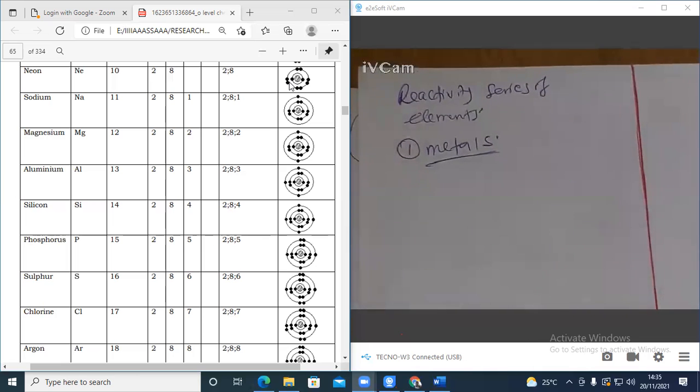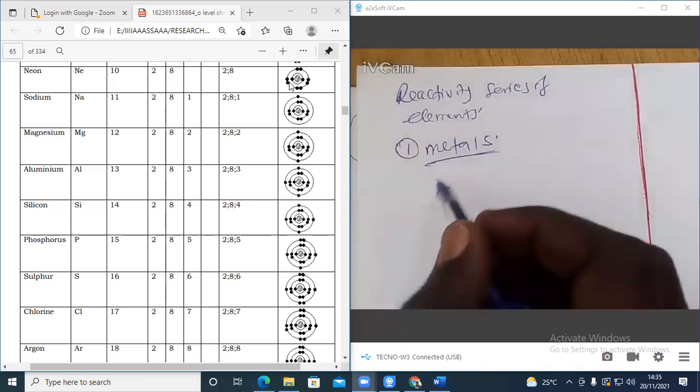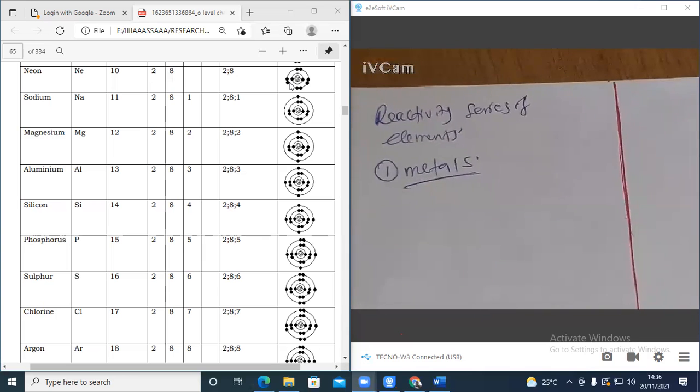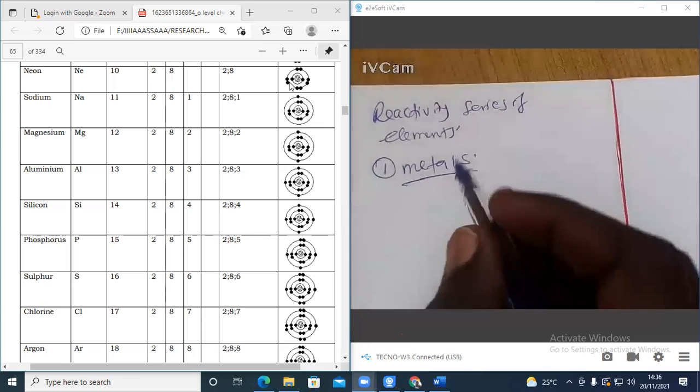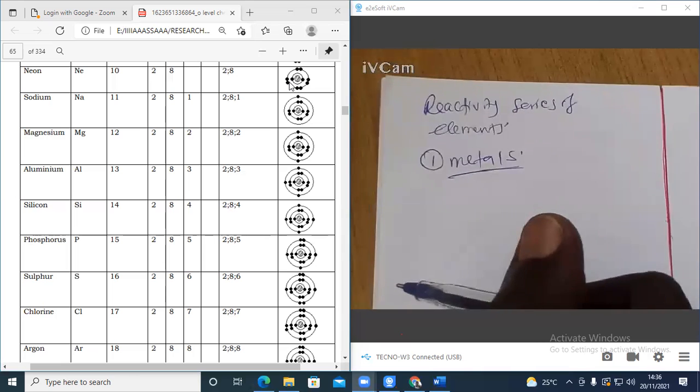In group 1, if you look at metals, what is the first metal, is it hydrogen or lithium? Is hydrogen a metal? No. Hydrogen is a gas.